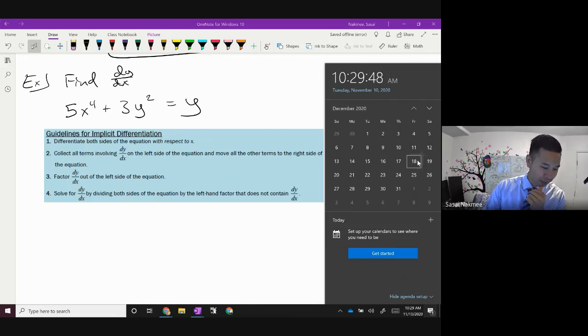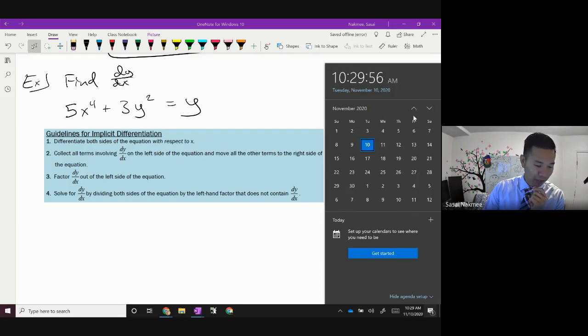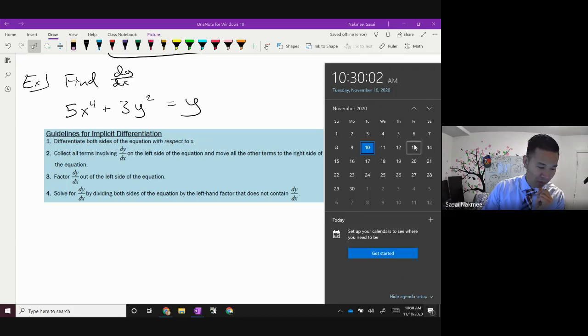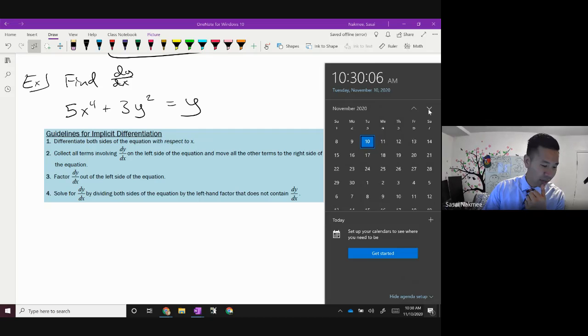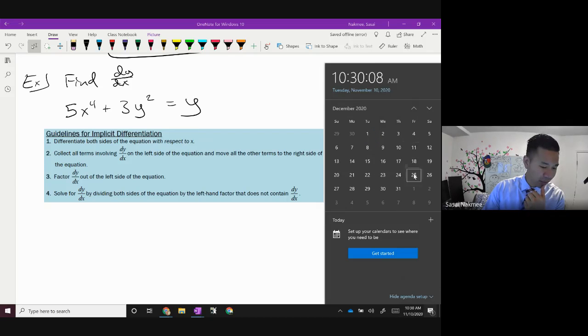So December 18th is the last day that you can do work that counts towards your finalized grade for first semester. So I want to get you an idea of what your grades are by the end of this week, so you can see what you need to do for the next test and the final, and then that grade will be locked in by that day.